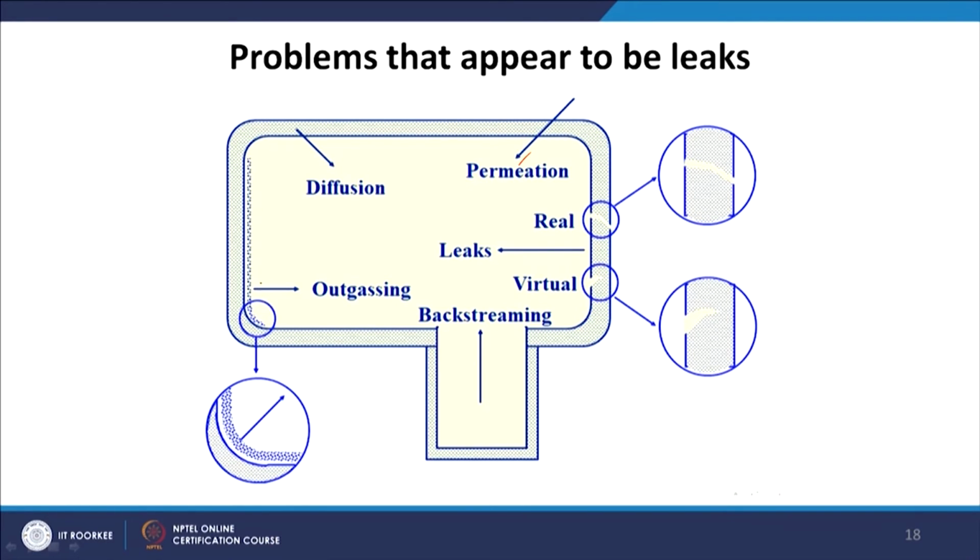After some time, when the system outgasses, some of the residual gas molecules that were stuck to the wall of the chamber can also come through. There can also be back streaming going back into the chamber. And then the leak can be partial or virtual, extending somewhat inside but not completely.